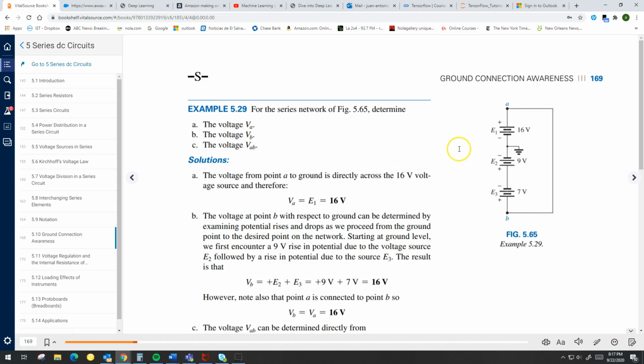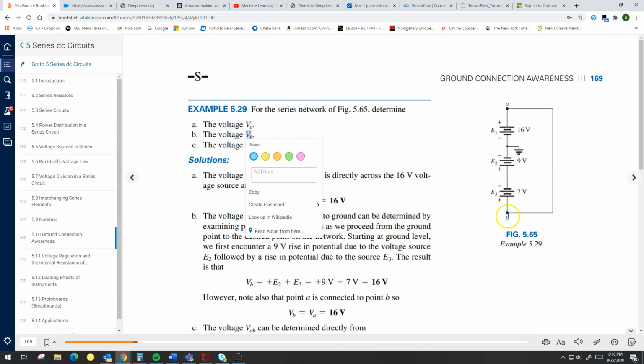If we want to know what VB is, node B is here. But the voltage VB indicates the voltage from B to ground. So if you put a meter, you will be putting the positive lead on B and the negative lead at the ground point.